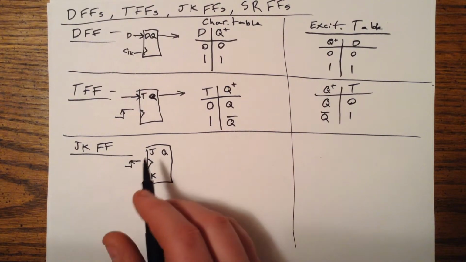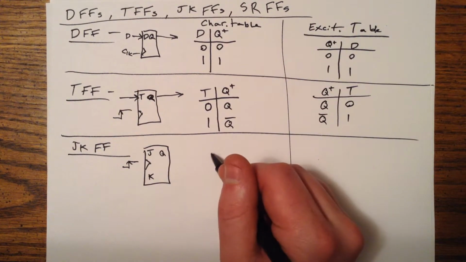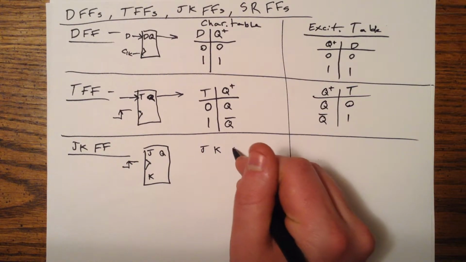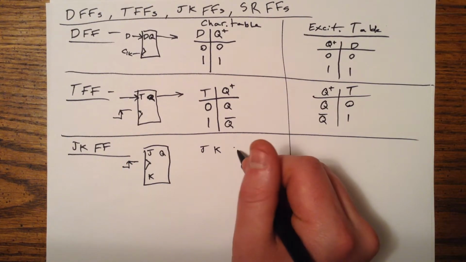Since there are 2 inputs, it has a larger table. So let's do the J column, the K column, and then the Q plus column.